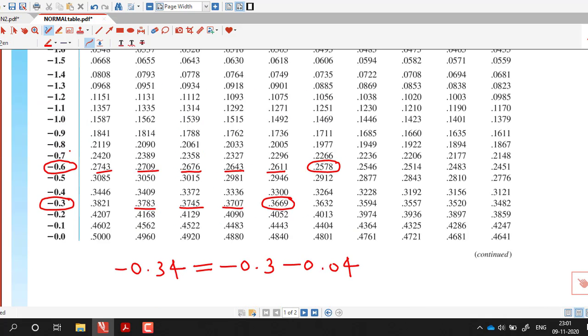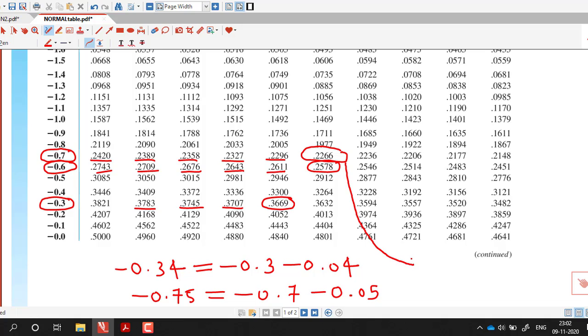Here we have minus 0.7 and we have to go up to 0.05. Minus 0.75 is nothing but minus 0.7 minus 0.05. So we go up to 0.05. This is for 0, this is for 0.01, 0.02, 0.03, 0.04 and 0.05.